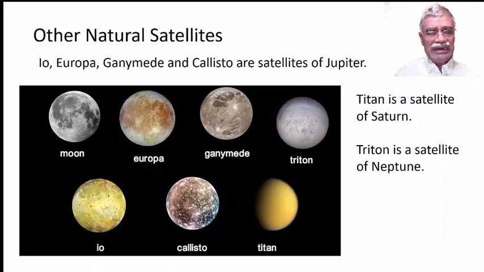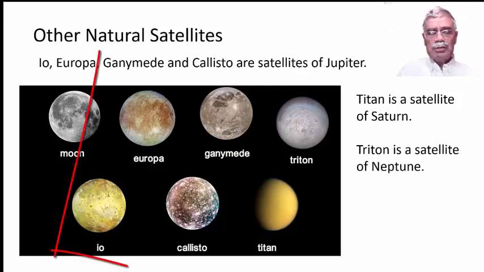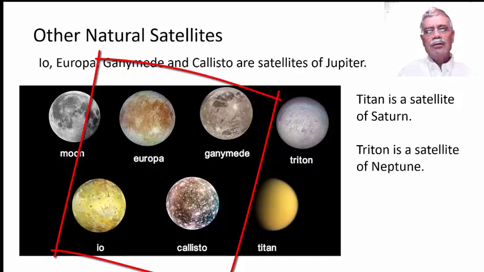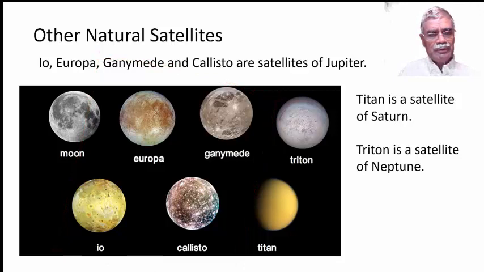Now, other planets have their own moons or natural satellites, and just so that you will have heard of some of these, this shows some of the larger, more well-known moons or natural satellites of the other planets. Io, Europa, Ganymede, and Callisto are 4 of the larger moons or satellites of Jupiter.